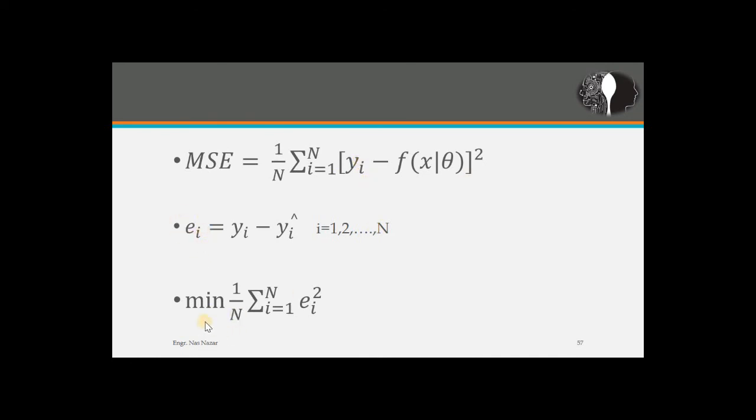Then we can see why we call it mean square error, because this is just the mean of the square of the error. We are looking for methods of finding these coefficients. In the next session, we will talk about optimization methods to find these coefficients.